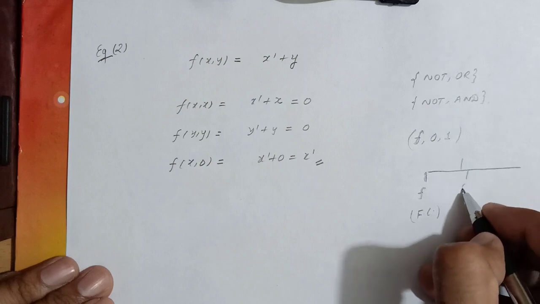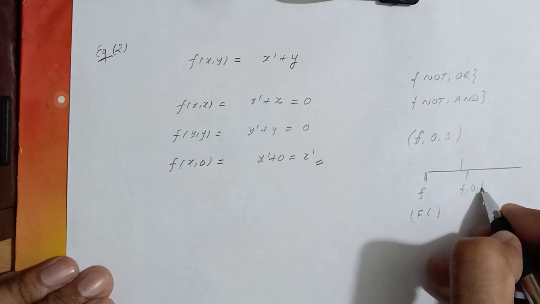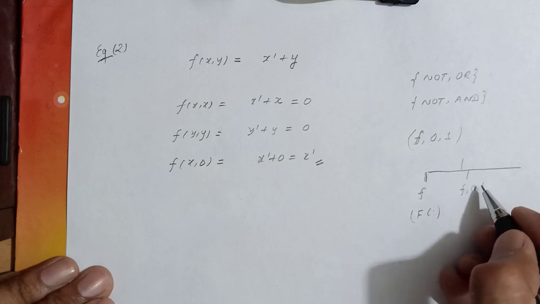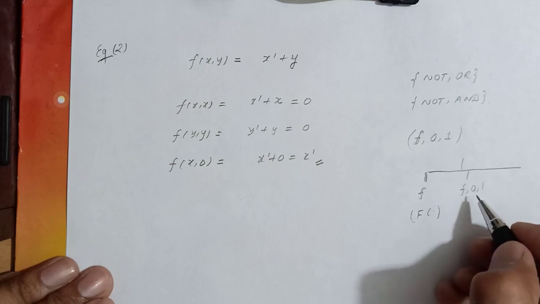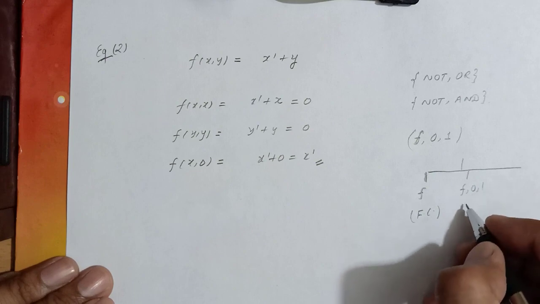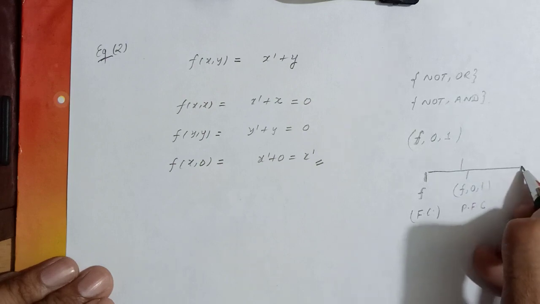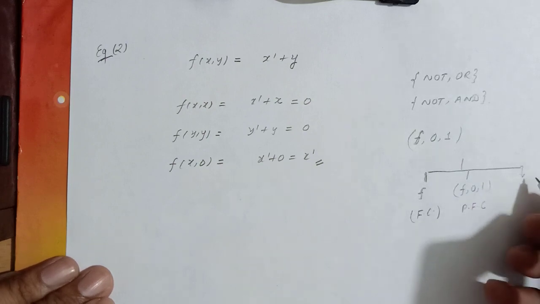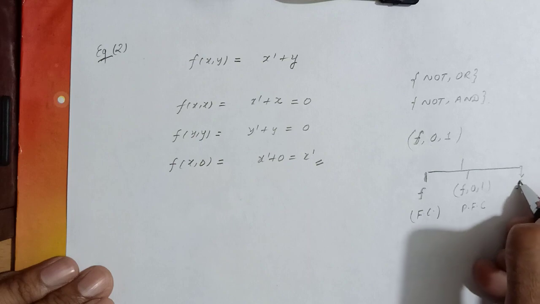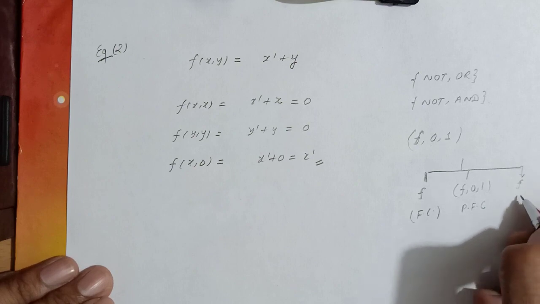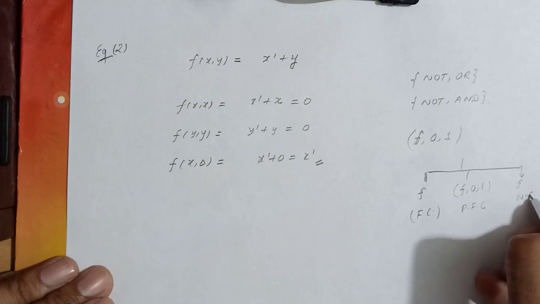Okay, if we are using f together with 0 or 1 as input, in this case, if we are able to show that this operation is functionally complete, in this case we will say partially functionally complete. Okay, if we are not able to generate a functionally complete set, then clearly we will say that it is not functionally complete.